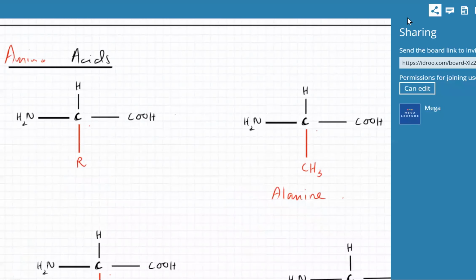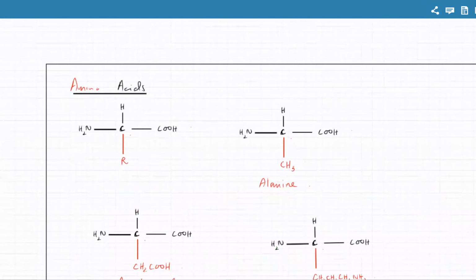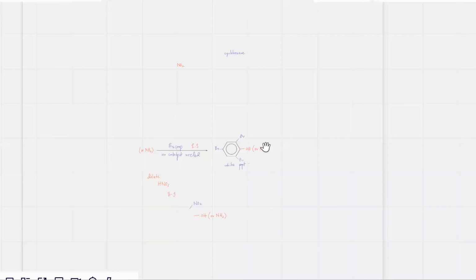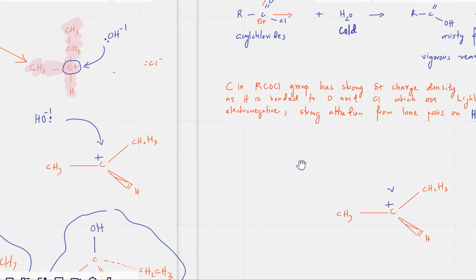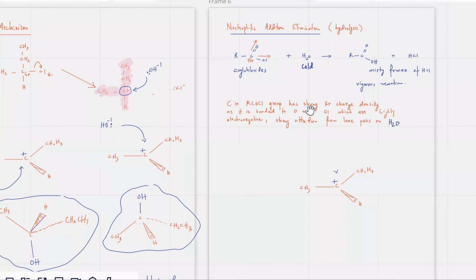We had also done amino acids, so I'll revise that. I think I'll finish this over here. So where's the mechanism of this thing?